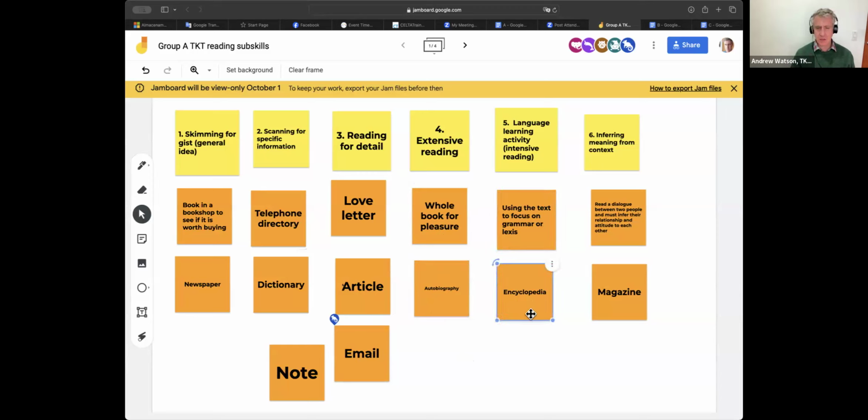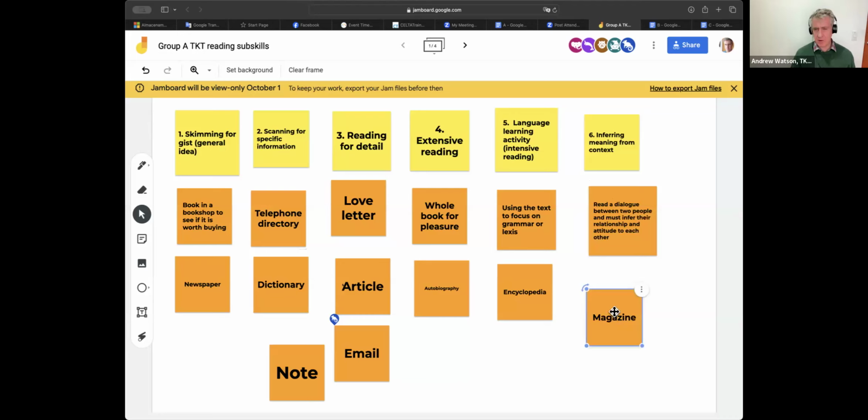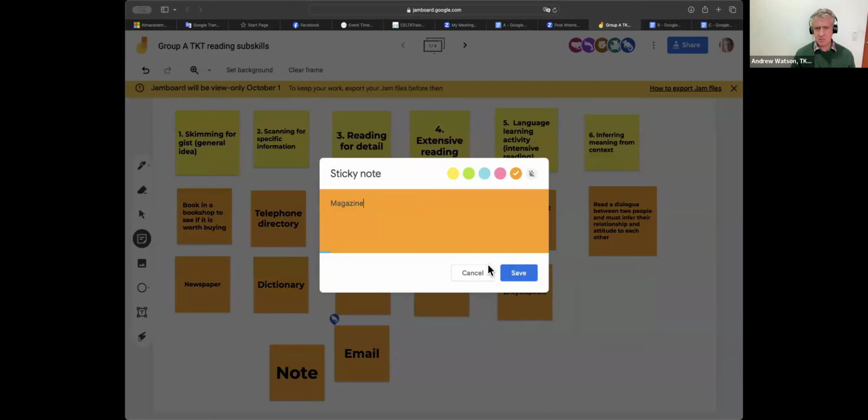For language learning. Well, I suppose we could use an encyclopedia for language learning, especially if it's the language of definitions. We could use it in a language class to teach students how to define using relative clauses. Yeah, could be.